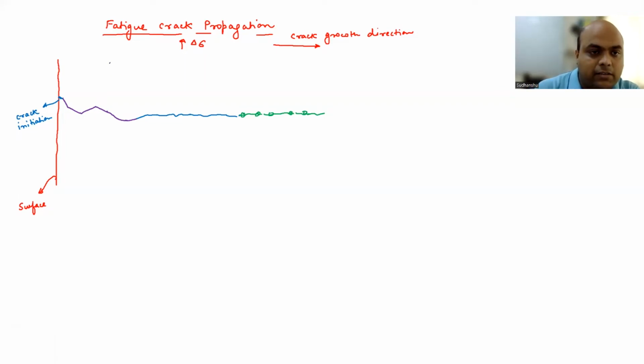Till here, say we have stage 1. Then at this point, we have the transition from stage 1 to stage 2. Up to this point, we have stage 2. And finally, we have stage 3.